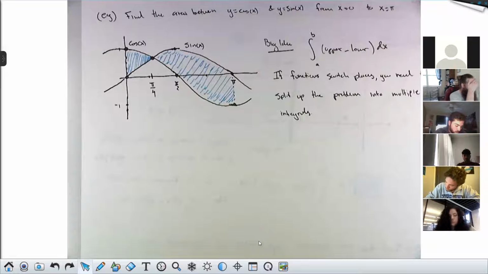So, right, so here I would consider the 0 to pi over 4 separately from the pi over 4 to pi.